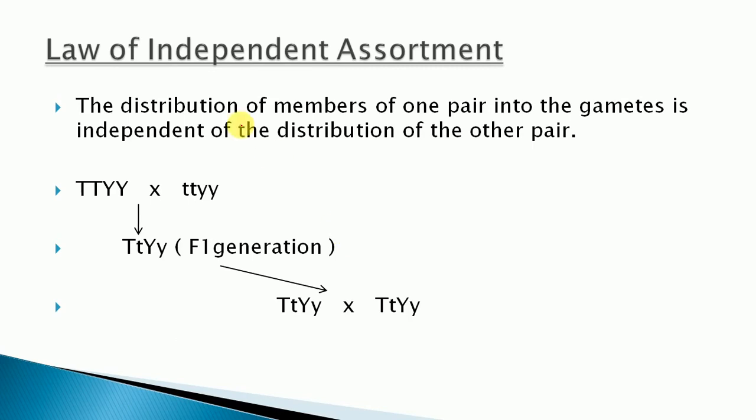Next is the law of independent assortment. What does it state? It states that the distribution of members of one pair into the gametes is independent of the distribution of the other pair. How can we understand this? Let us take an example of a plant containing alleles capital T, which is for the height of the plant, that is tall, and capital Y, which is for the seed color, that is yellow.